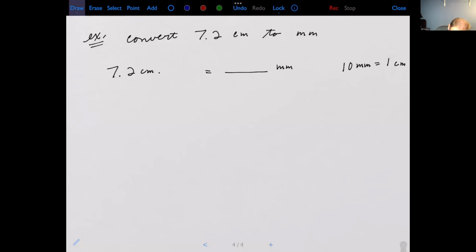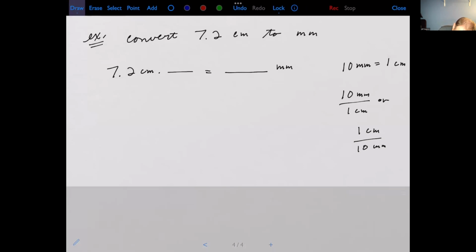Now I can either write this as 10 millimeters over 1 centimeter, or as 1 centimeter over 10 millimeters. If I want to convert from centimeters to millimeters, which one do I use? Well, I want to use the one where centimeters is in the denominator because I want it to cancel. So I'm going to use that first one, 10 millimeters over 1 centimeter.